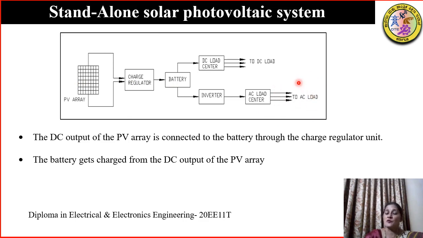Moreover, it has one more problem. Suppose during daytime it has worked satisfactorily, the batteries have been charged. But suppose there is an excess load at night, the battery may get discharged, and the charge stored in the battery may not be sufficient to last night long. In that case, the continuity of power supply is disturbed.